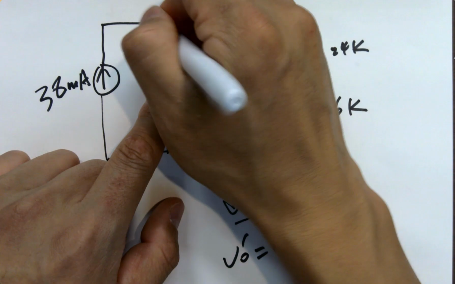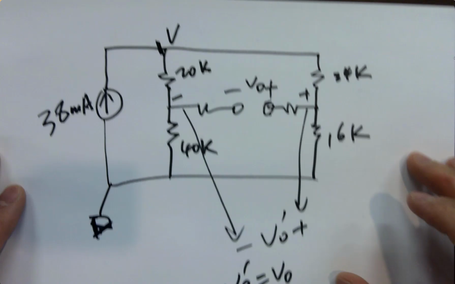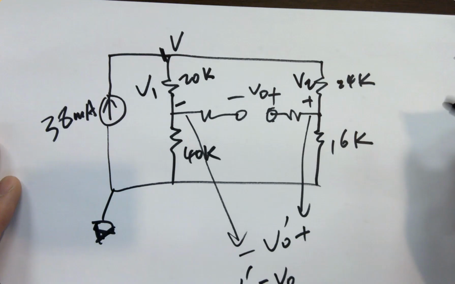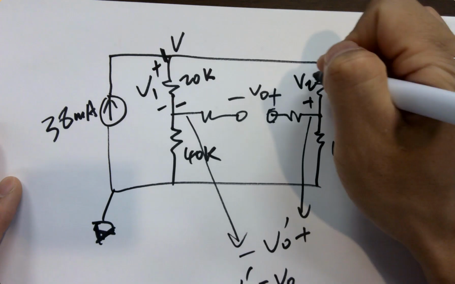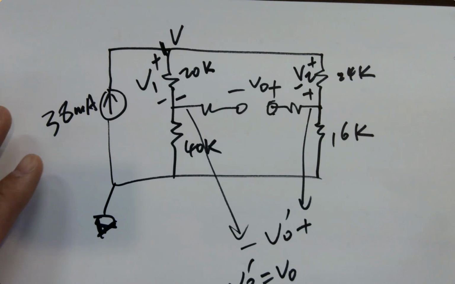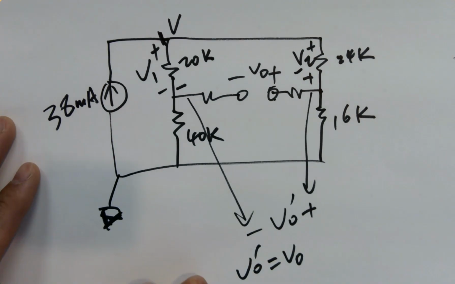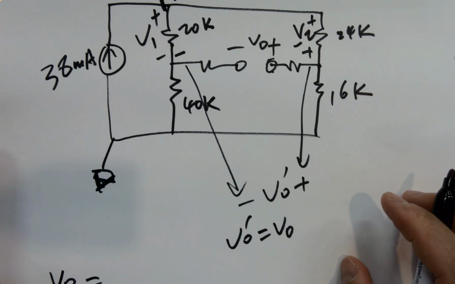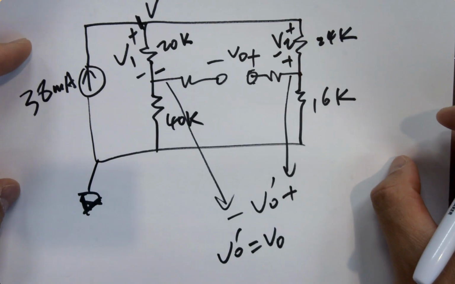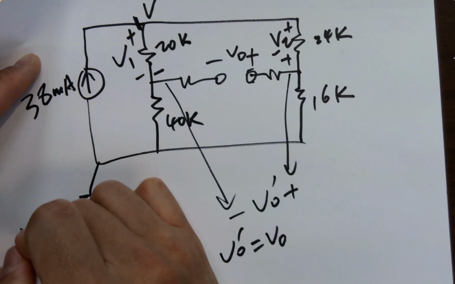If I assume the voltage here is V, and this guy has a drop V1, and this has a drop V2. All right, so V out equals what? There's a drop. Let me write on top.